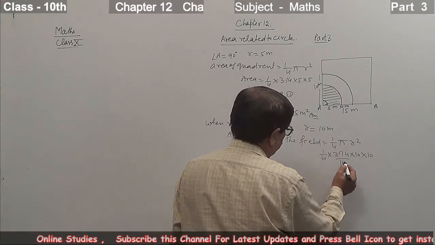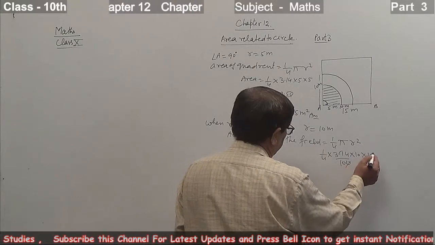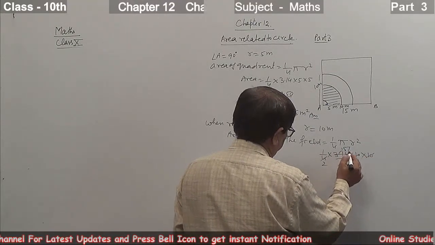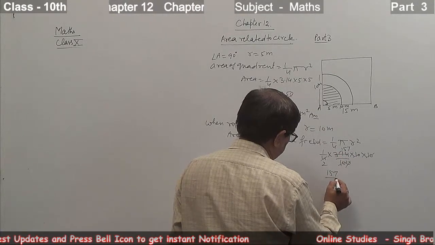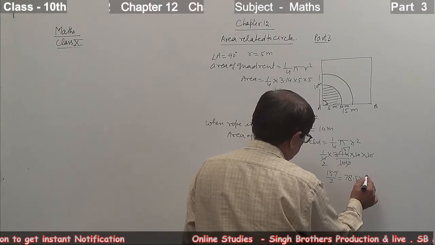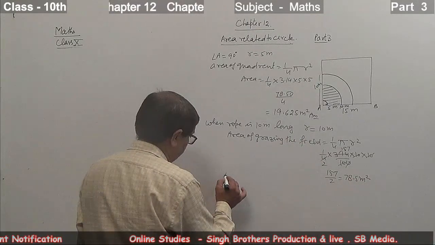This removes the decimal, 100 cancels, and we get 157 upon 2, which is 78.5 meter square.